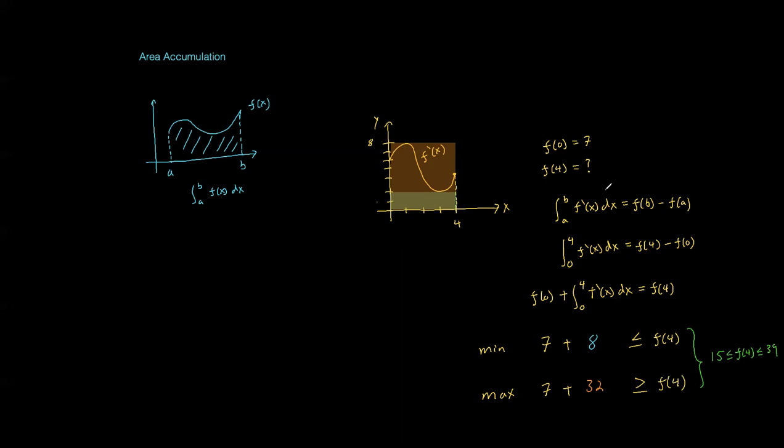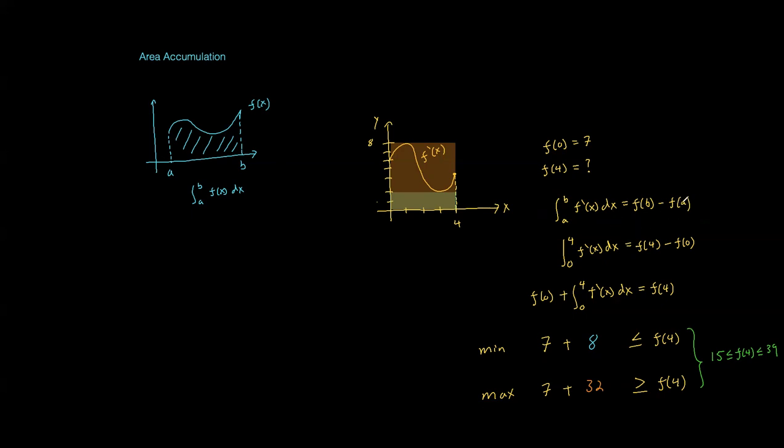Just to be clear, the idea of area accumulation is that if I have a function and I take the integral of it, it gives me the area underneath the curve. Over here, I've written it in a slightly different notation. Notice that I use f prime now as my graph, contrasted with f of x that I did earlier. This is just to give you some exposure to a different notation.